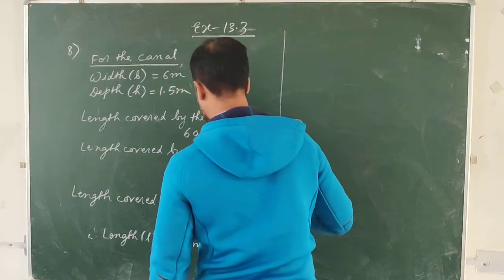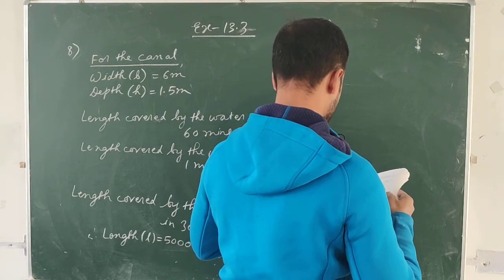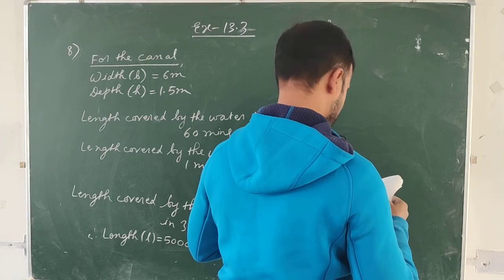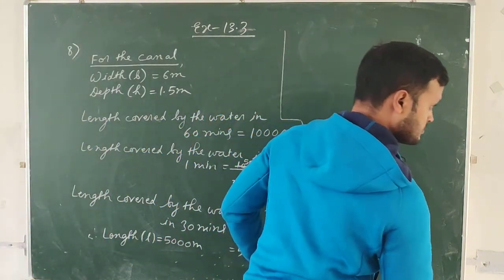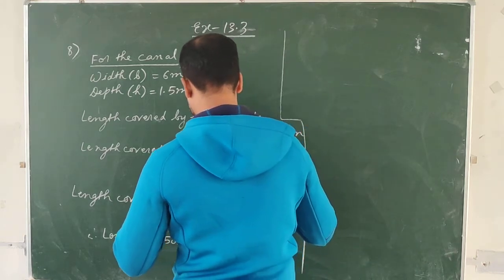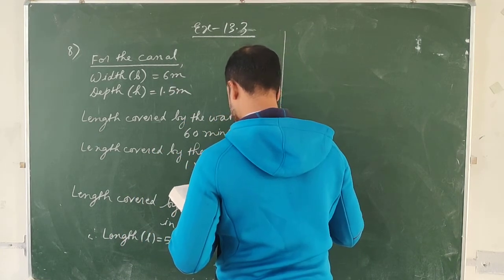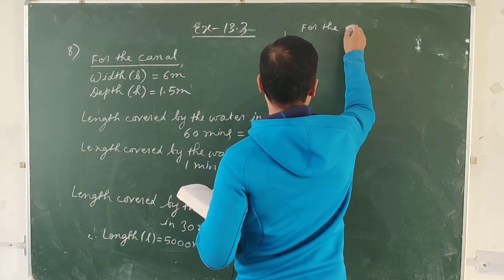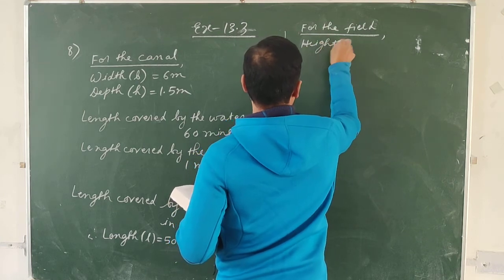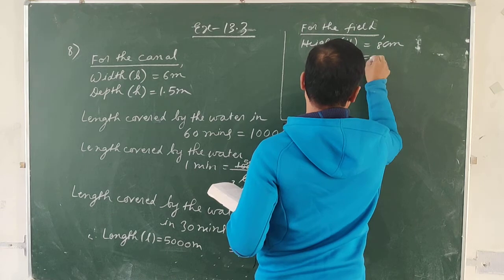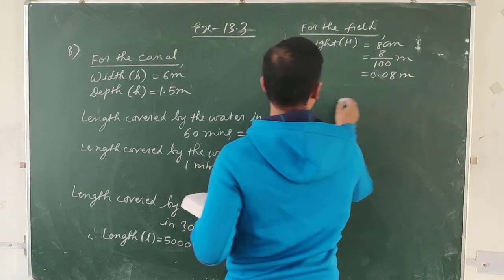So then for the field, height into 8 centimeter, convert to meter, 0.08 meter. Okay.